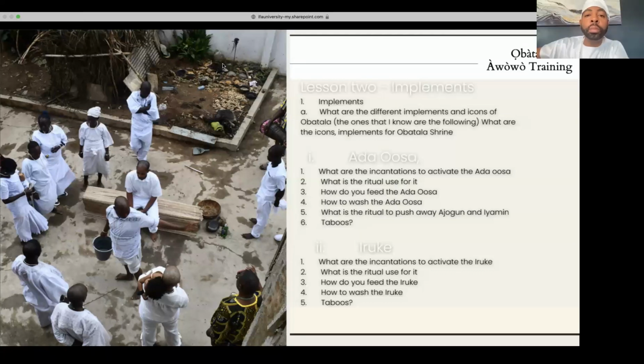We have different ways of carving this icon. If you get to Ijebu, the way they carve it is different. If you get to Ife, the way they do the carving is different. So the way it appears to them, that is the way they do the image representation. You understand? So that's it.